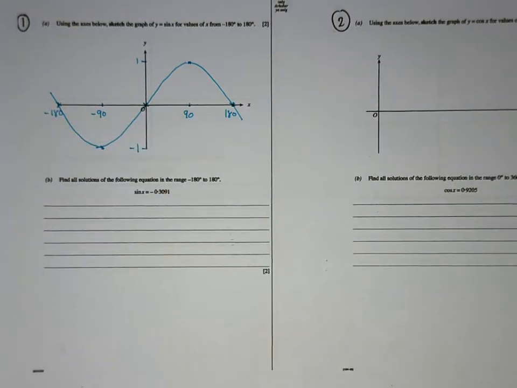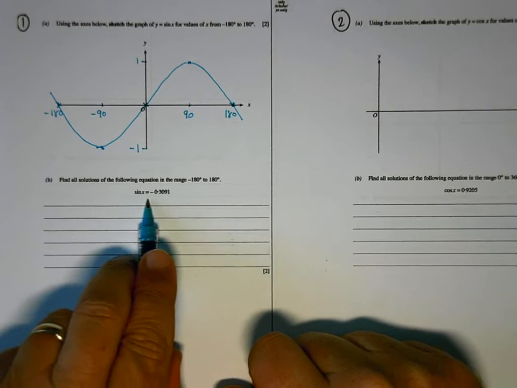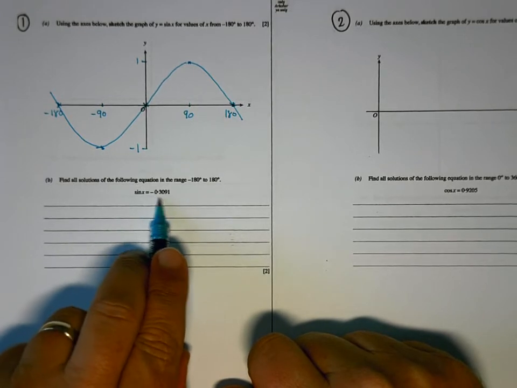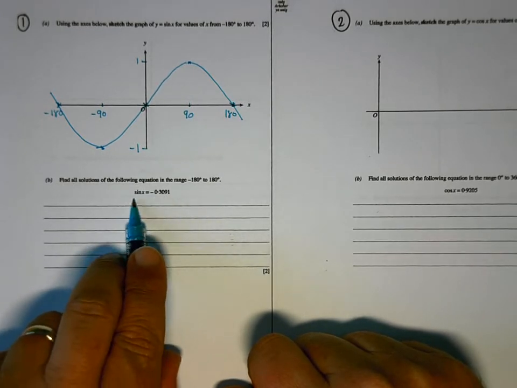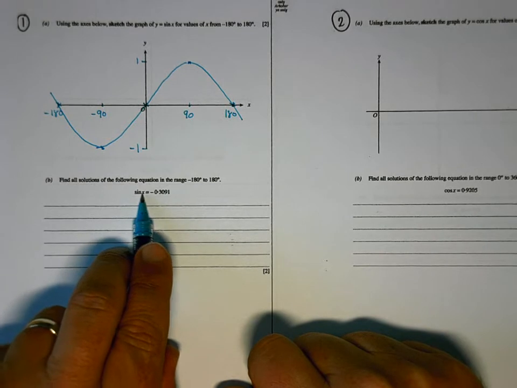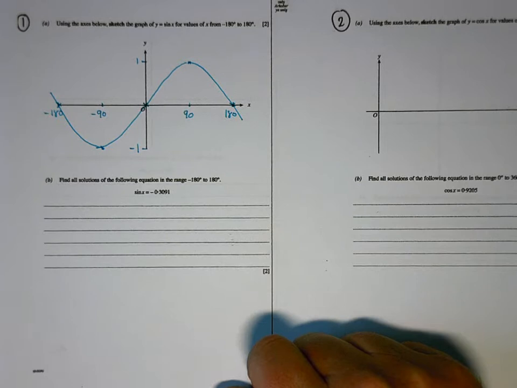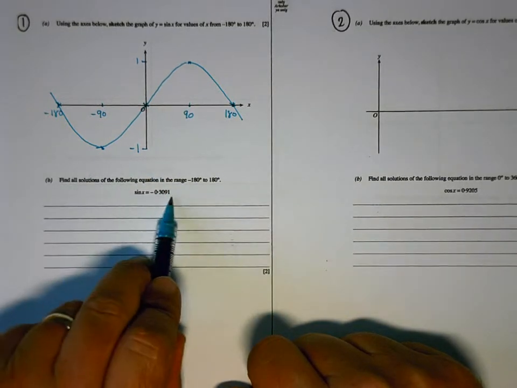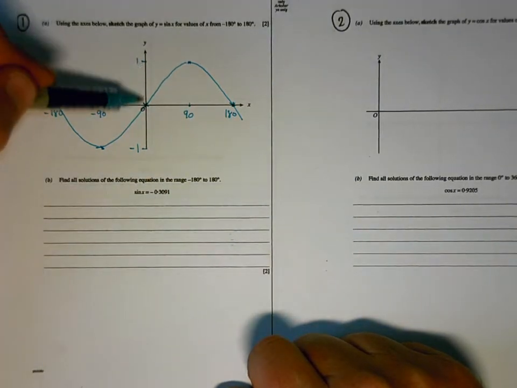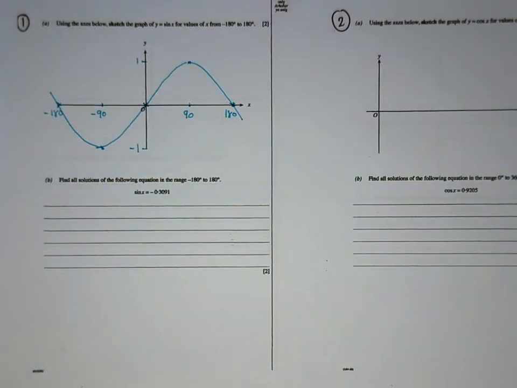Now we're going to be asked to use our graph, and they're giving us one value that we're looking for. We want to know what value of x makes sine x negative 0.3091. So that value is what we're reading off this axis here.